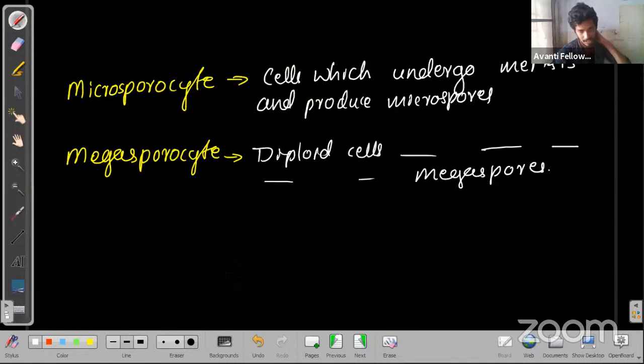Both are the same. Correct, so this is also diploid and this is also diploid. Microsporocytes are the cells which undergo meiosis and produce microspores, and megasporocytes are also diploid cells which undergo meiosis and produce the megaspores. And microspores and pollen grains are both the same.